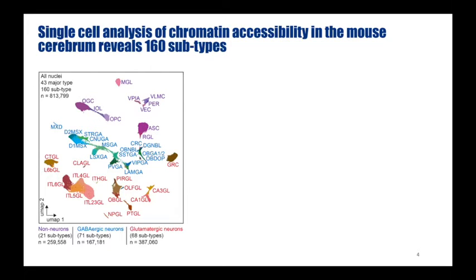First of all, here is an overview of how many cell types we found in this data set. In total, we identified 43 major types. For each major type, we further extracted them and performed another round of clustering in order to find the subtypes. In total, there are 160 subtypes.